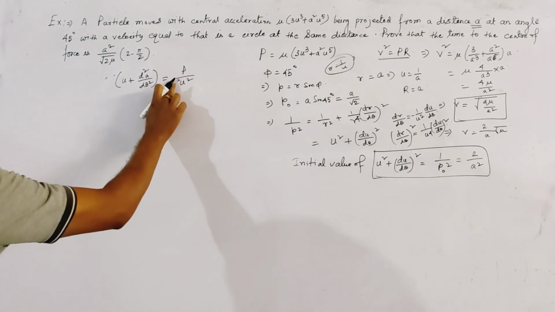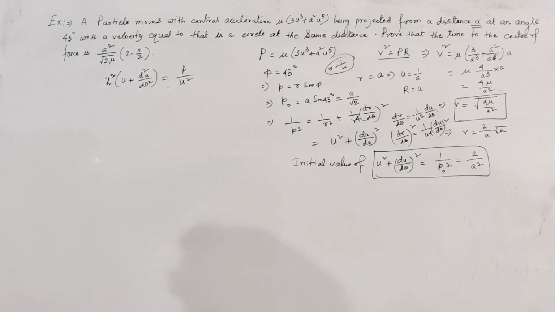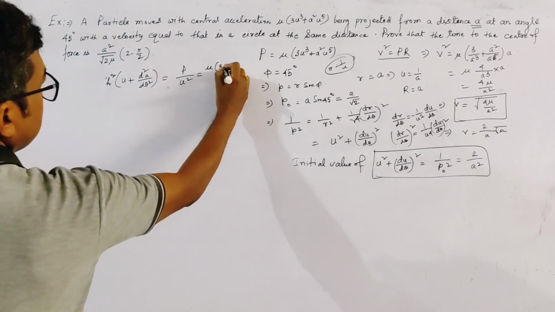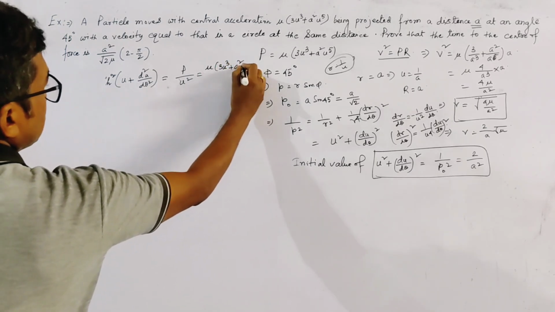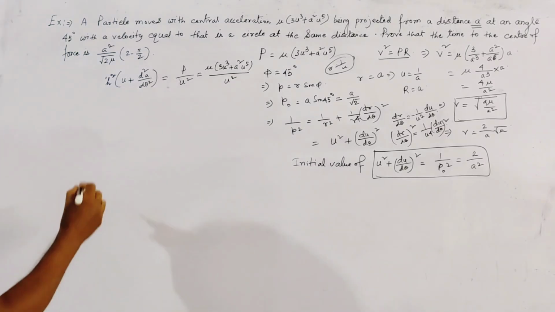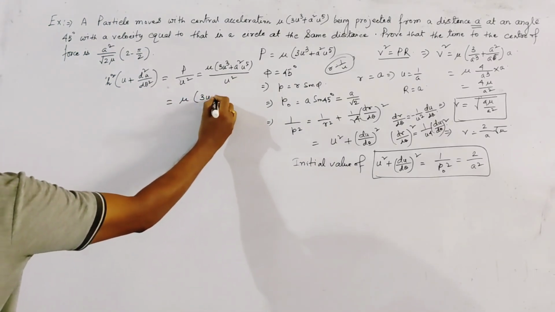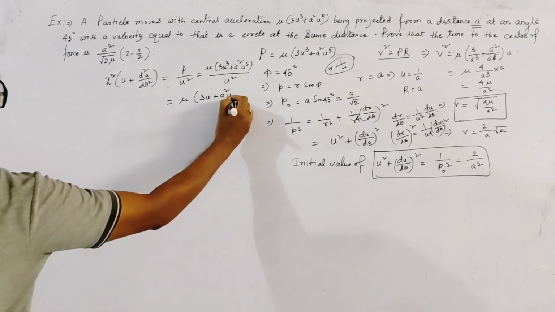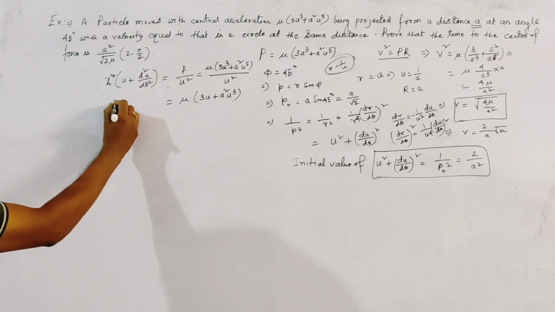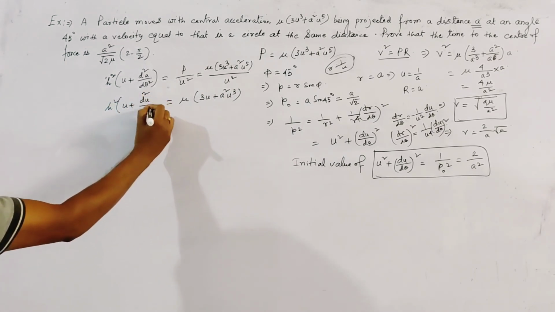Now putting the value of p, we get mu into (3u cube plus a square u to the power 5) by u square, and this is given by mu into (3u plus a square u cube). And the left hand side is h square into (u plus d2u by d theta 2).